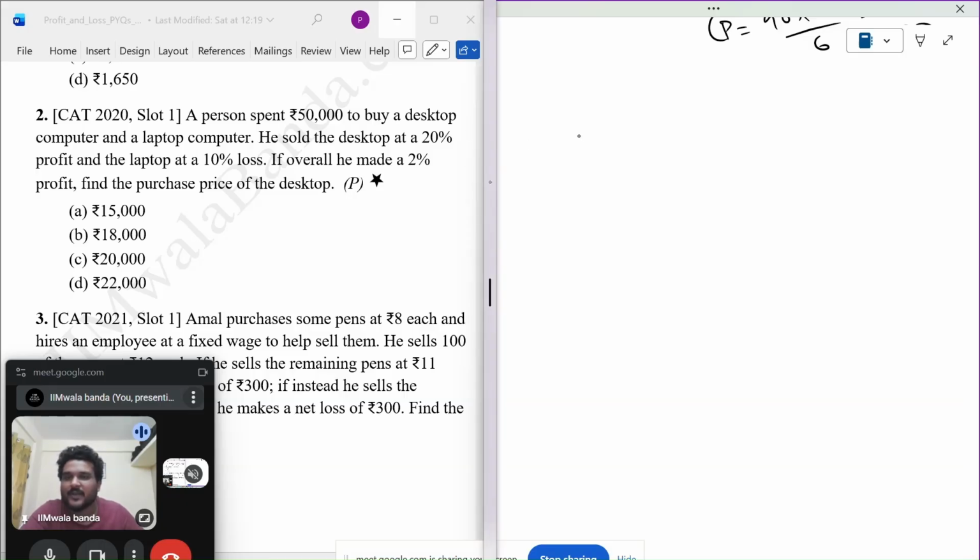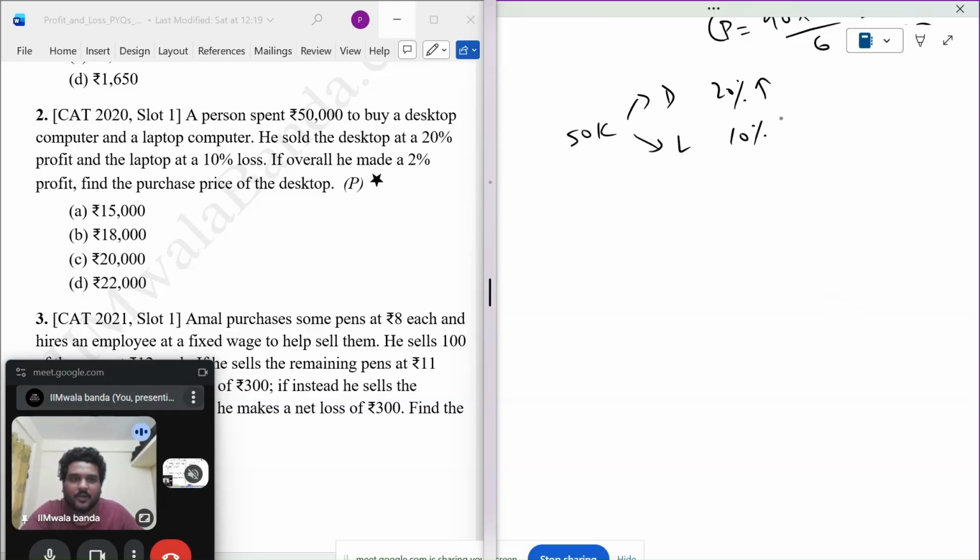A person spent 50,000 to buy a desktop and a laptop computer. So I know there are two items and together they're bought for 50,000. So in 50,000, I got a desktop, I got a laptop. He sold the desktop at 20% profit. I can write like this also. I can write profit also, depends, but I like writing like this.